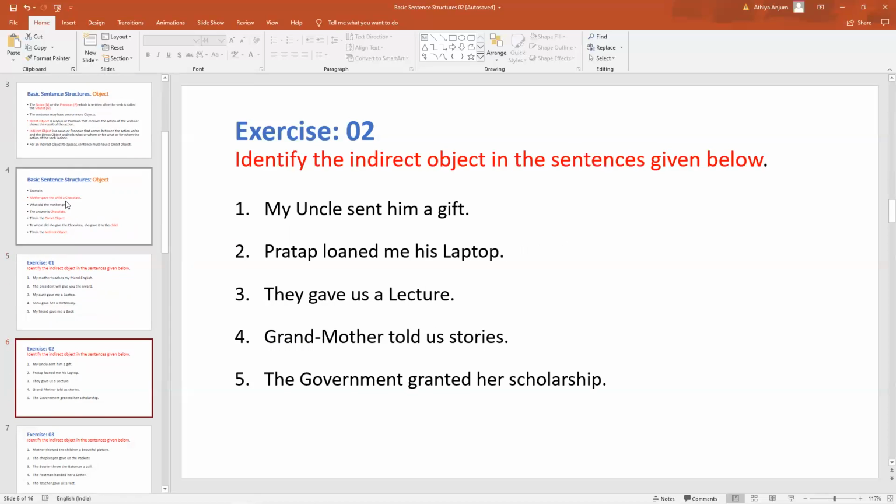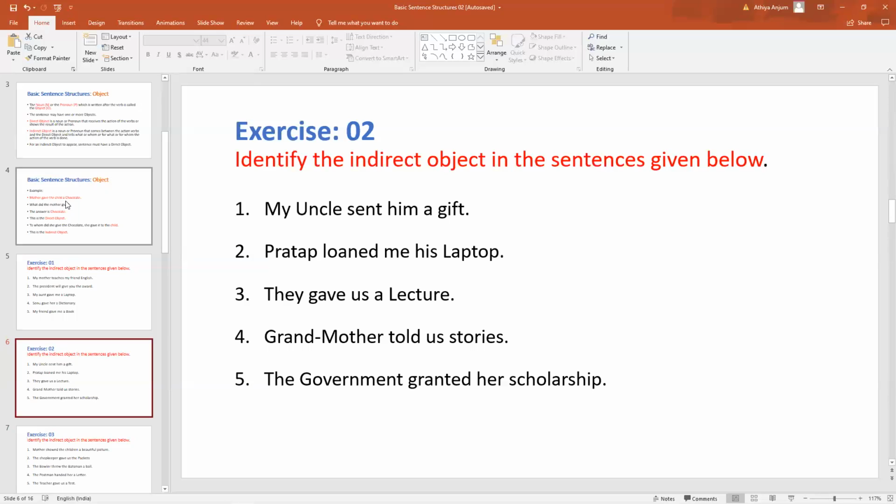Again, here also same continuation where you have to identify the indirect objects. The sentence given is, my uncle sent him a gift. So again, identify the verb and then ask the question, and from there you will get the direct object, and from the direct object you will get the indirect object.